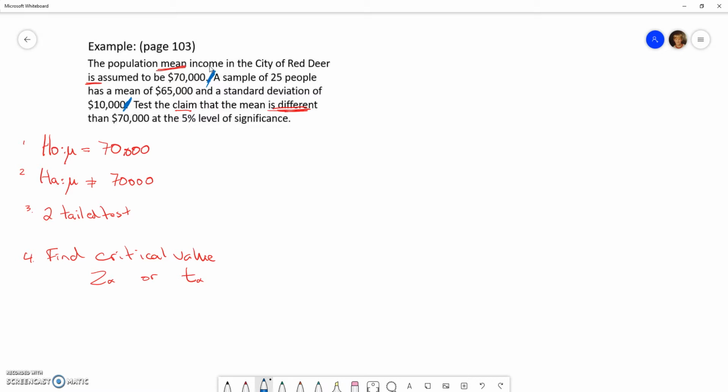Everything in this sentence deals with the sample data, so the sample standard deviation equals 10,000. The question does not give us the population standard deviation. So I'm going to write that up here: this is not known.